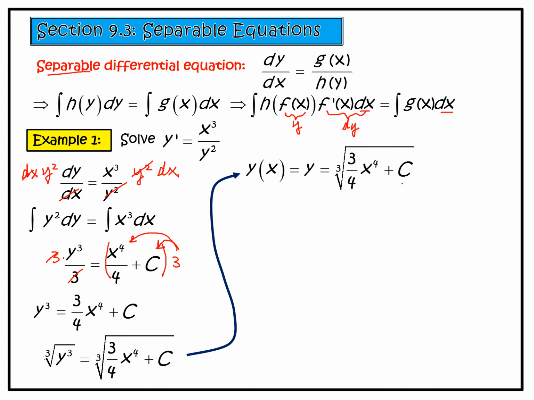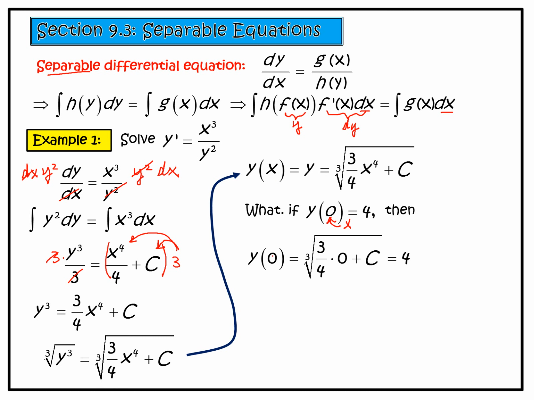Now what's that constant? Well, we've got to have more information to get that constant. So what if we were given that y of 0 equals 4? This is our x value, so when x is 0, y is equal to 4. Well, we can plug that into this equation. Plugging in 0, we get the cube root of 3/4 times 0 to the fourth plus c, and that's got to be equal to 4.